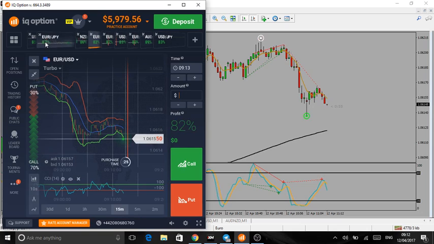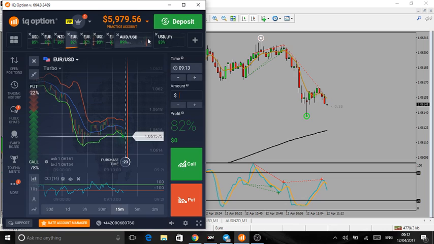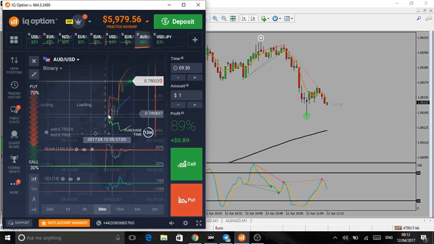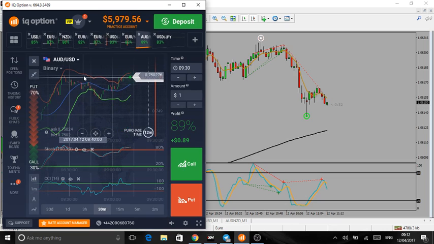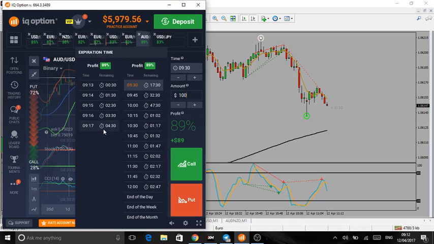Some currency pairs pay higher, some lower. IQ Option has the highest rate of payout in binary options trading, and that's why I suggest you use this broker. It's a really good broker. If I put $100 on a trade and win, I will get $89 and my $100 back within as short as 1 minute to 5 minutes.